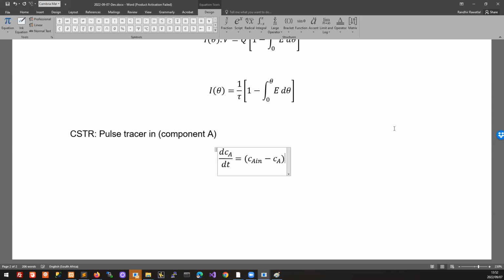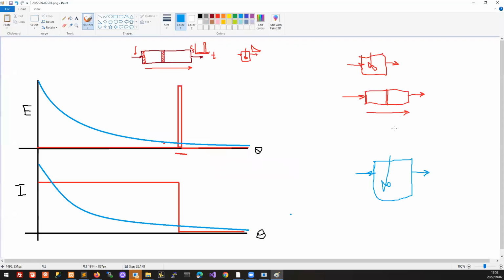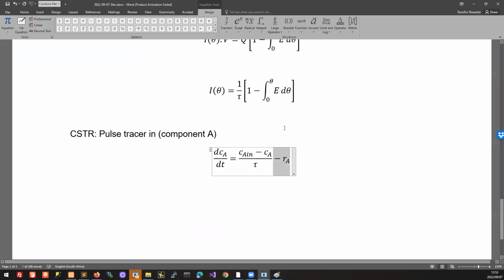All this is just the balance that you are familiar with from before. We would normally write here also minus RA, the reaction rate, but there's no reaction here. We are doing all this without a reaction because at the moment we are just trying to understand how long things spend in the reactor. Our salt is not reacting in this reactor, so there's no reaction term to worry about.